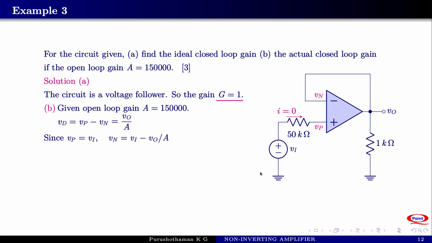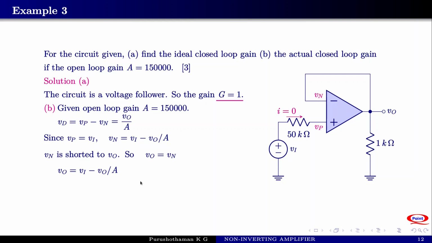Since Vp equals Vi, Vn is equal to Vi minus Vo by A. We have seen this expression earlier. Since the output is shorted to Vn, and Vn is equal to Vi minus Vo by A, the output also must be equal to Vi minus Vo by A.